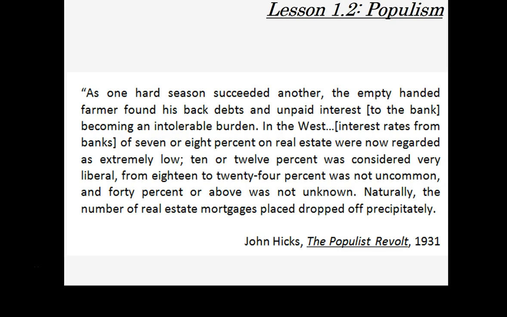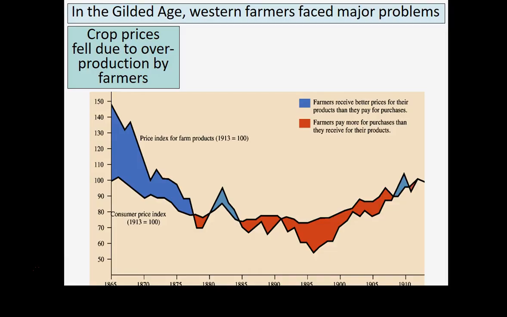From 18 to 24% was not uncommon, and 40% or above was not unknown. Naturally, the number of real estate mortgages placed dropped off precipitately." That gives you kind of a picture of what these farmers are dealing with in this era.